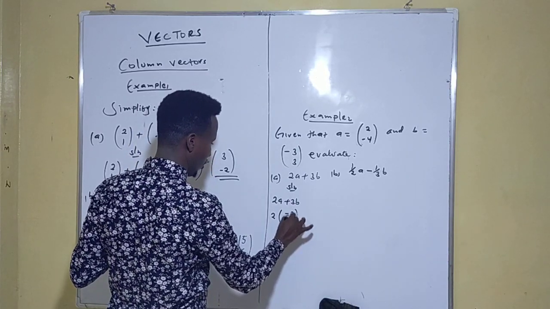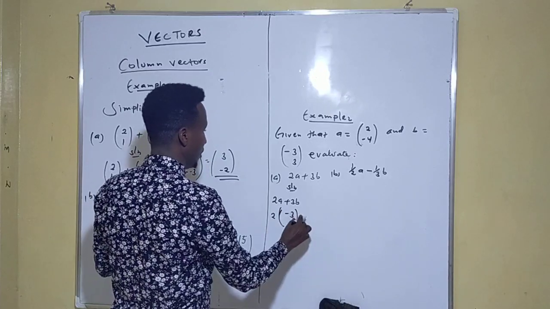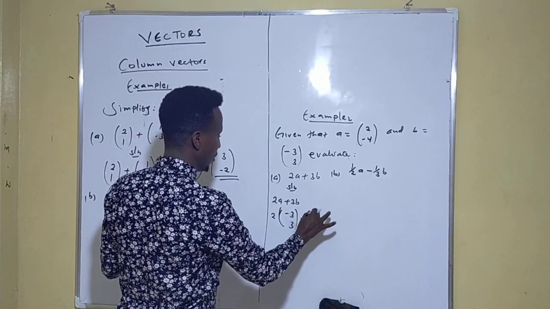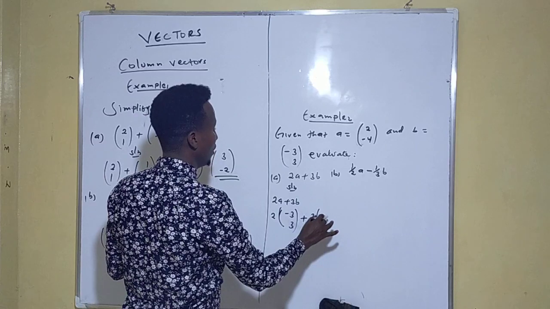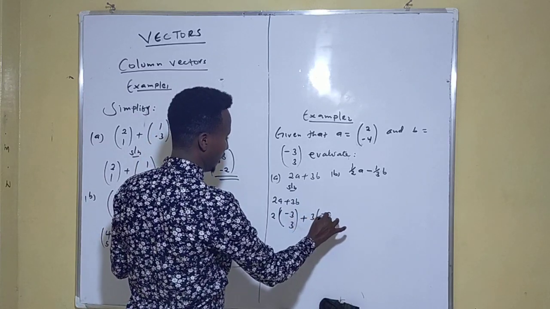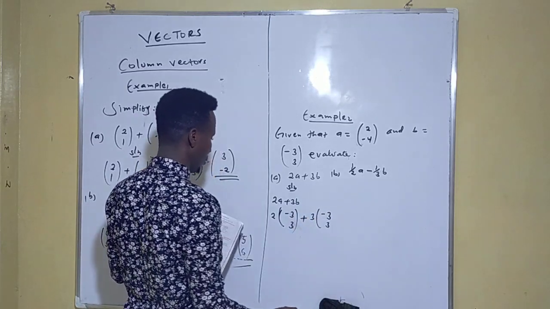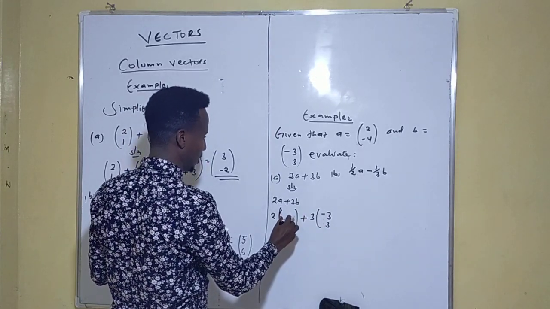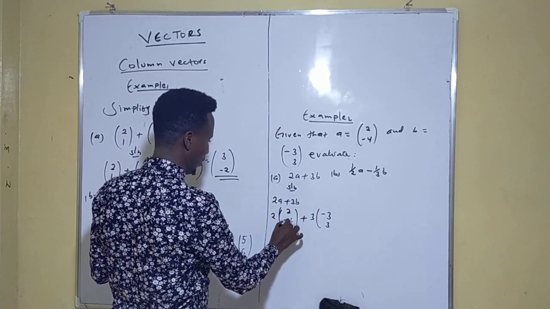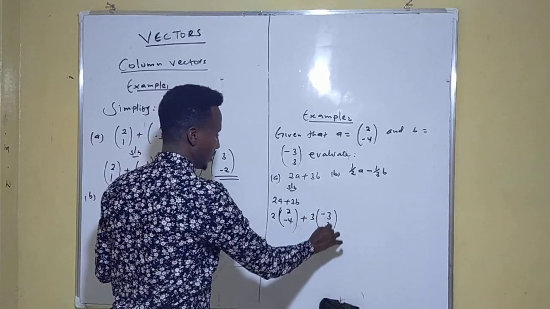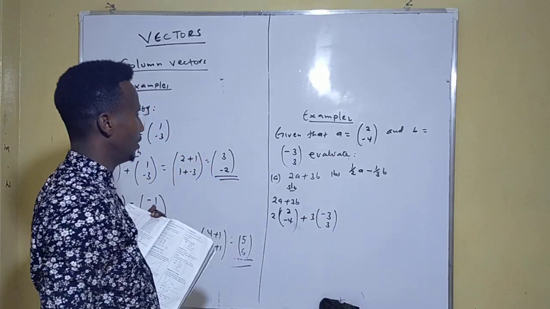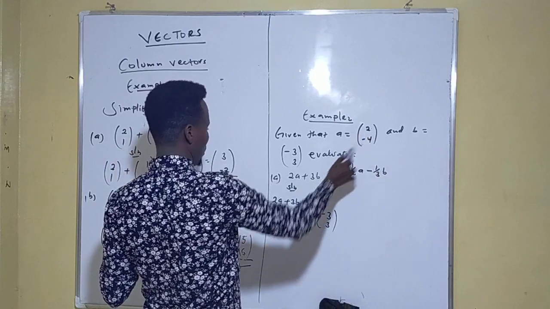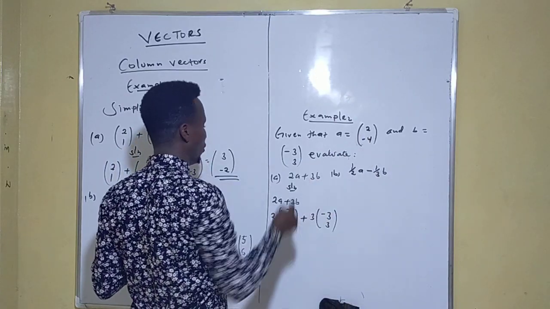Sorry, our A is (2, -4) and (-3, 3) is B. So A is already (2, -4), and you're going to say 2 times the value of A.